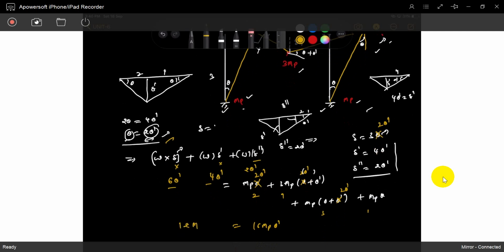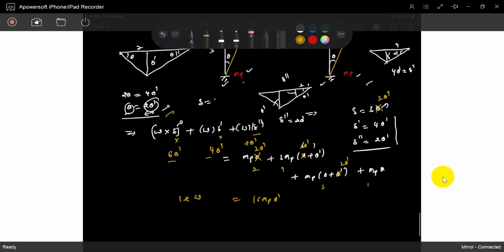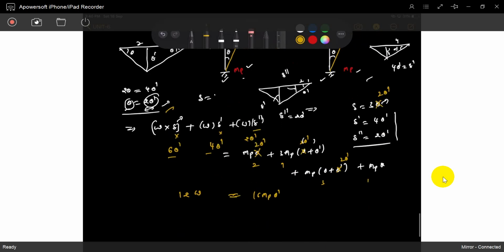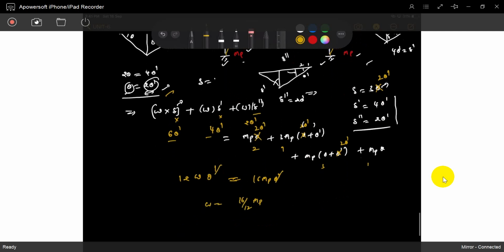So 12 w is equal to 16 mp theta dash. Theta cancels, so w is 16 by 12 mp. What is that value? 1.33 mp.